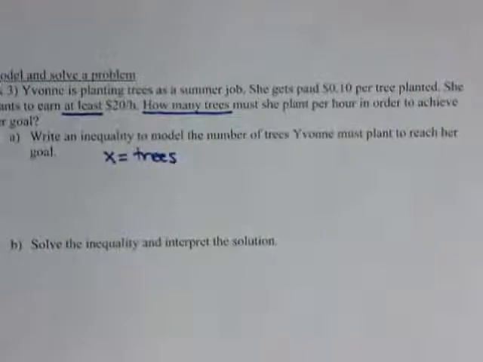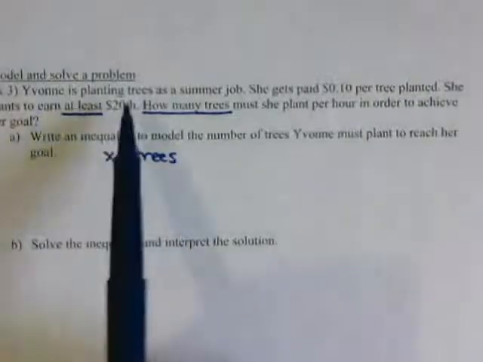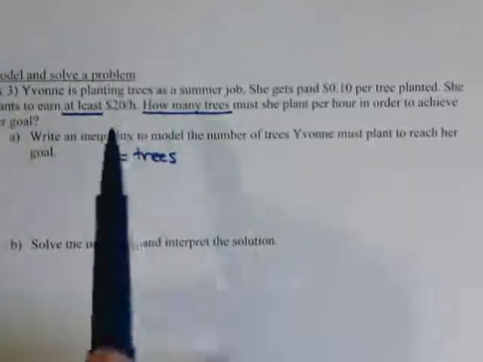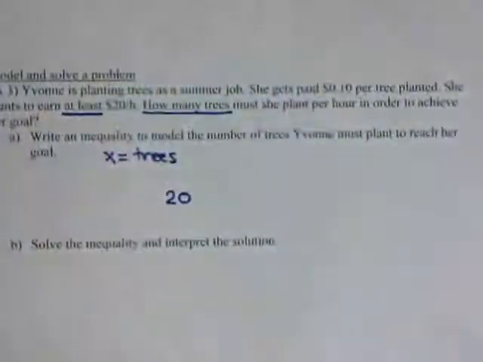Now, we know that the number that we need to discuss is, it says at least $20 an hour. That is what she wants to earn. So that has to go on one side of our inequality here. Now, we know that x has to go on the other side of the inequality.